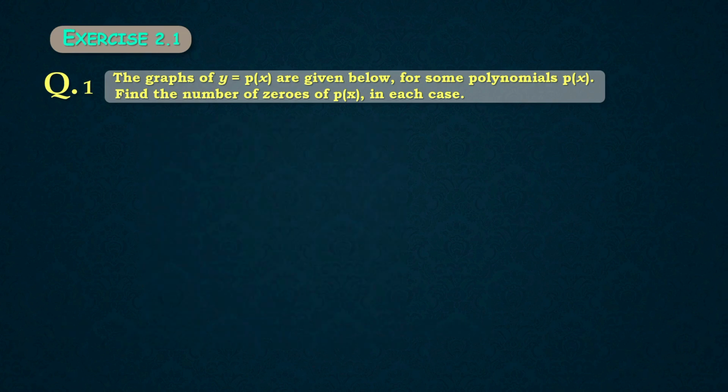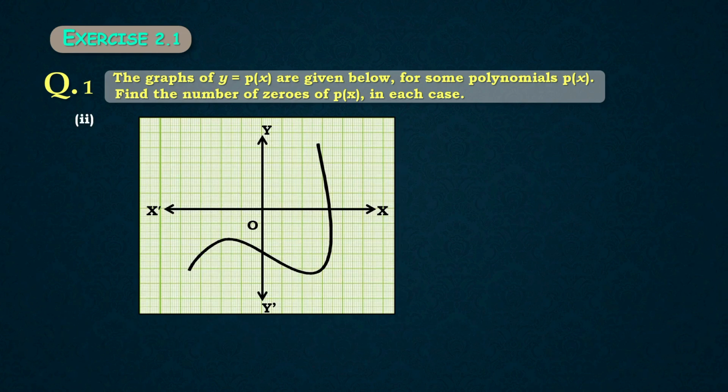Question 1, Part 2. The graphs of y equals p of x are given below for some polynomials p of x. We have to find the number of zeros of p of x in this case. First, remember an important rule. The number of zeros of a polynomial is equal to the number of points where the graph intersects the x-axis. Now, carefully observe the given graph.